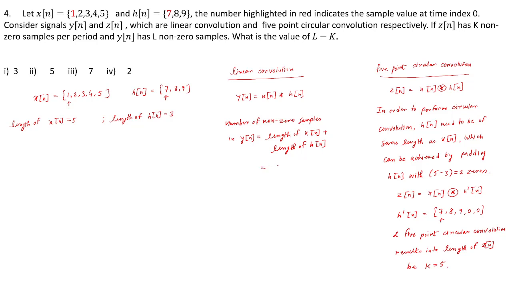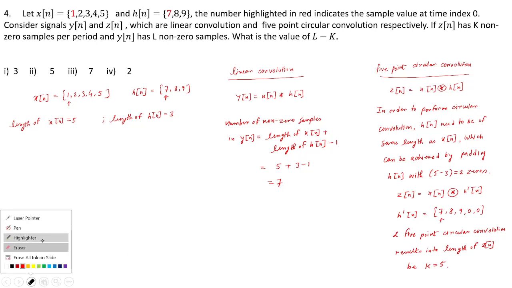Therefore length of xn, we have seen that it's 5, minus 1, by the way, here length of hn is 3 minus 1, so this is 7. Therefore length, this is equal to L as given in the question.